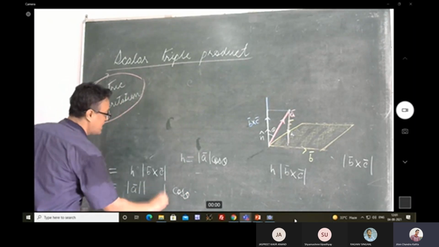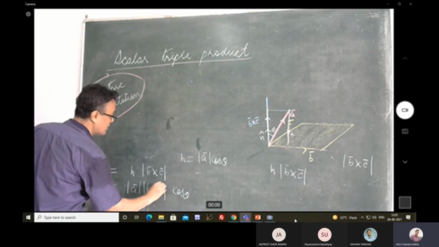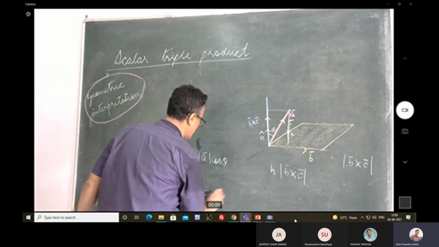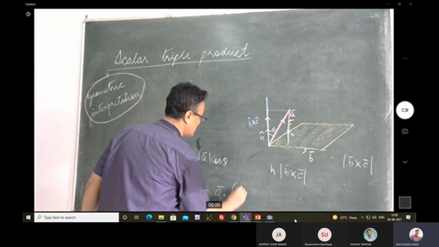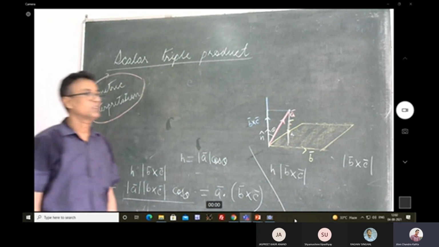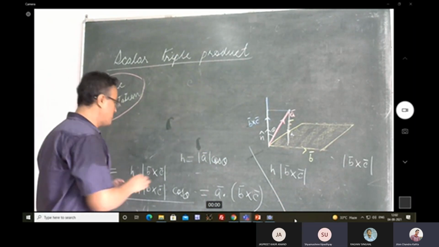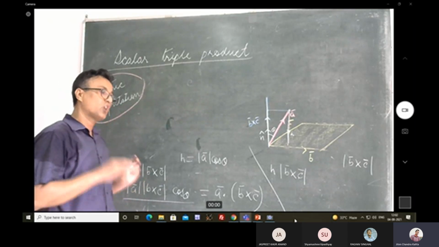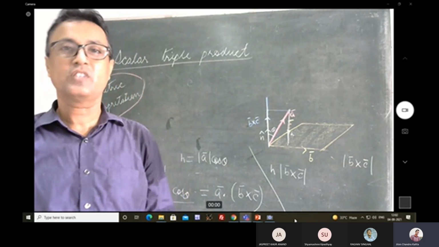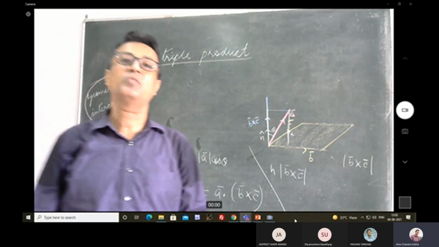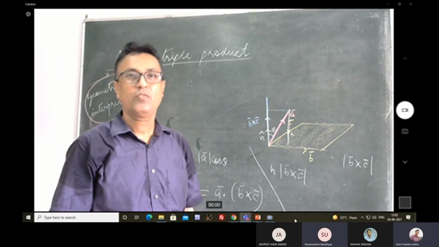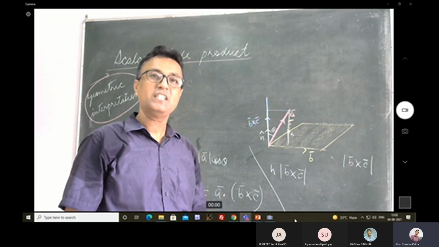If I accommodate this here, this is nothing but A dot B cross C. So geometrically, the scalar triple product of three vectors A, B, and C is nothing but the volume of the parallelepiped formed by edges A, B, and C.